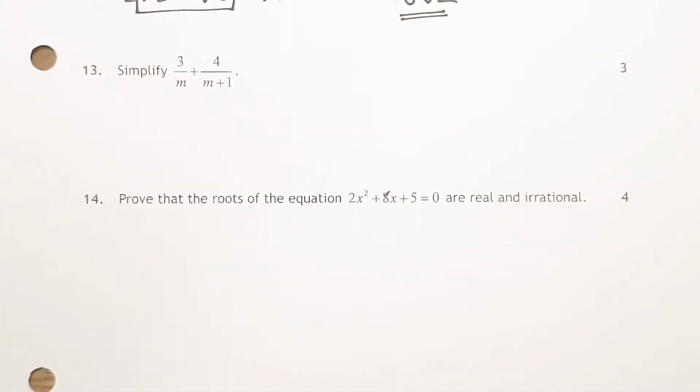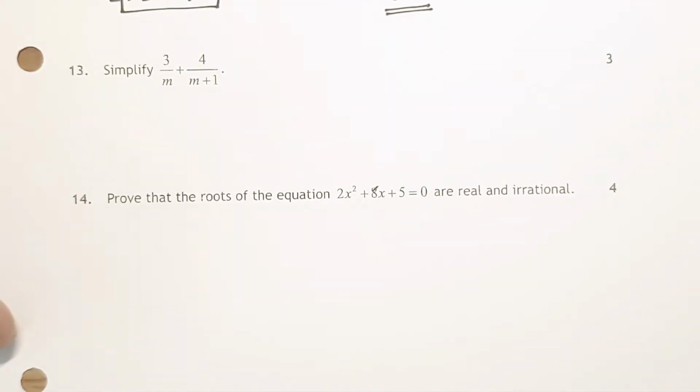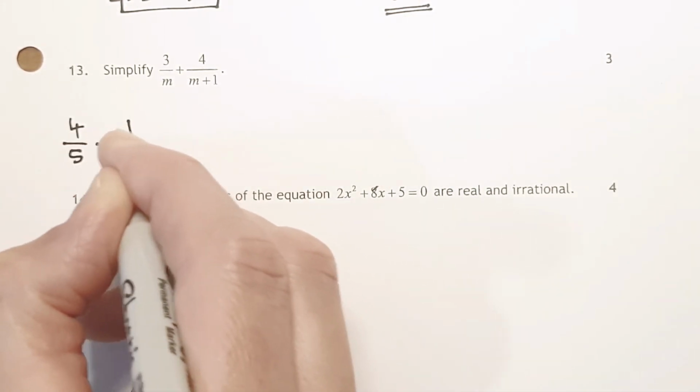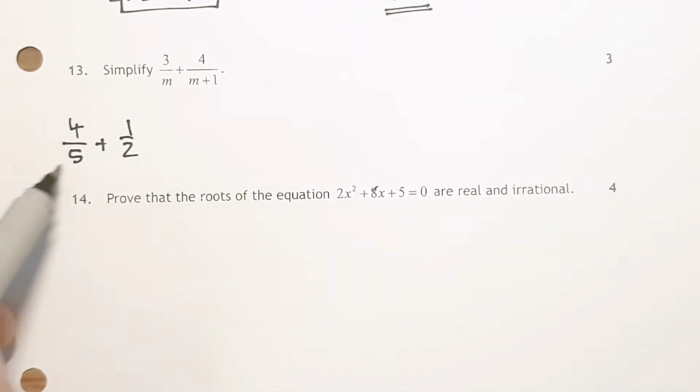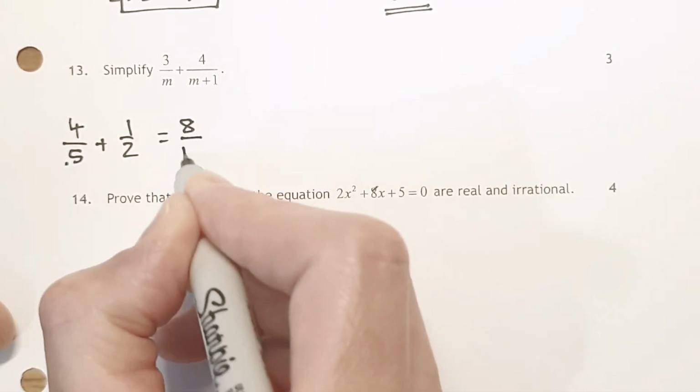In number 13, we've got to add together these two fractions. They've got different denominators, so we're going to have to give them the same denominator. Now, if you had something like 4 over 5 plus 1 over 2, you'd multiply the first fraction by that denominator. So you times the top by 2, bottom by 2, and you'd get 8 over 10.